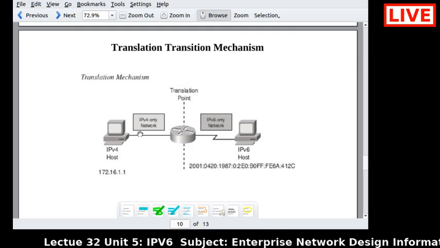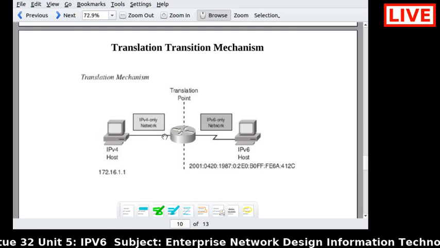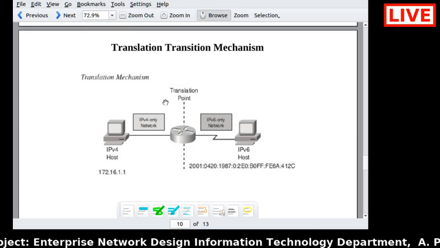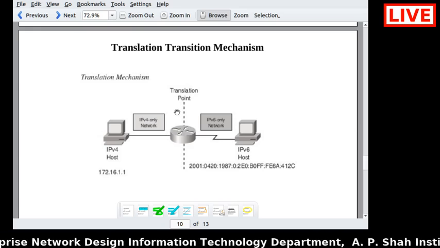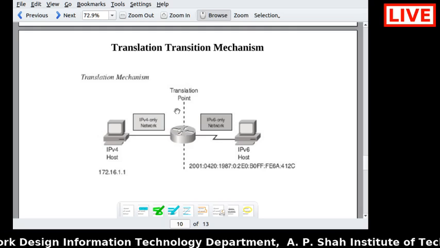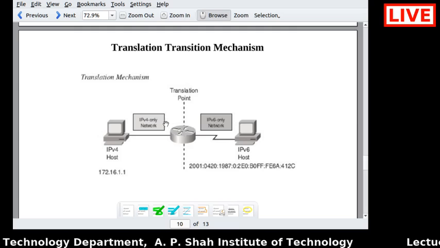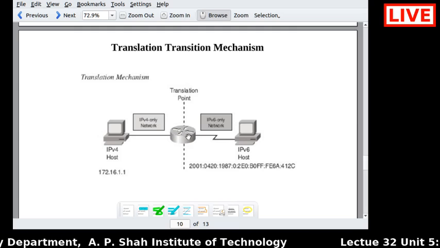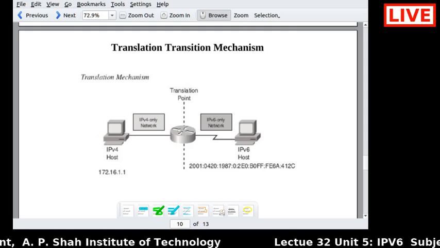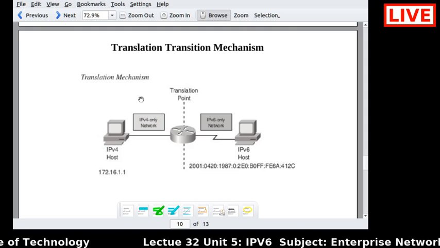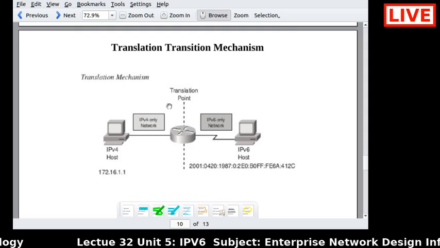So these techniques or addresses whatever we have seen are similar to your NAT protocol, the network address translation protocol we can call, right. And in that also that technique will be used. So this is nothing but your translation transition mechanism, if you see, right.